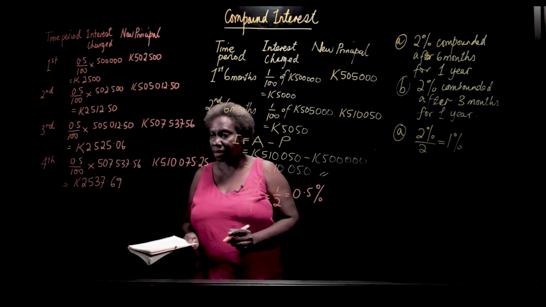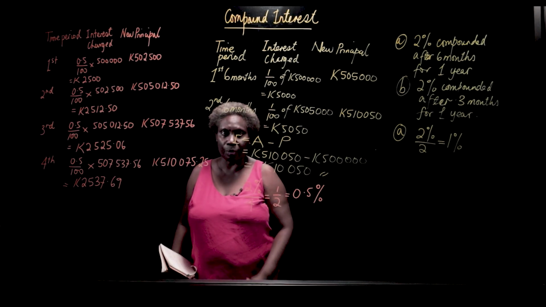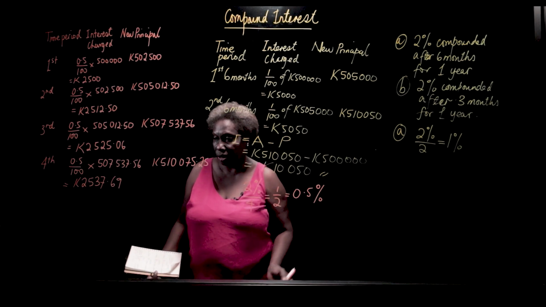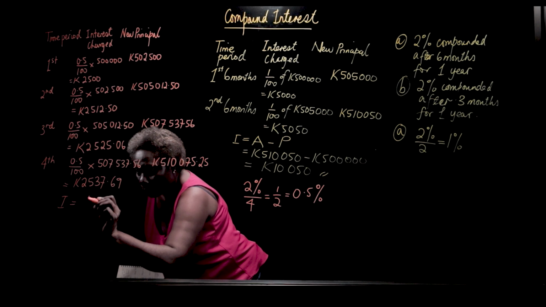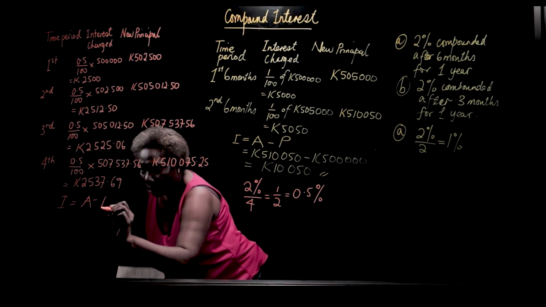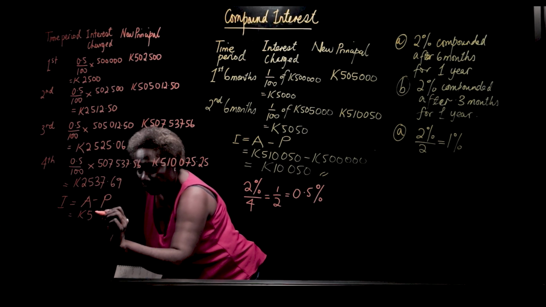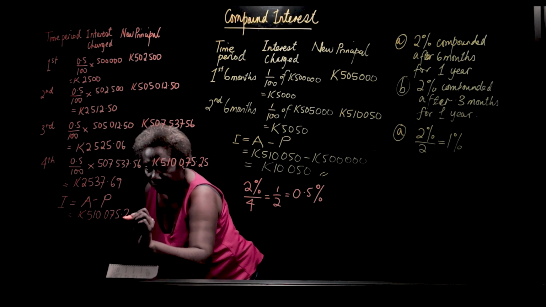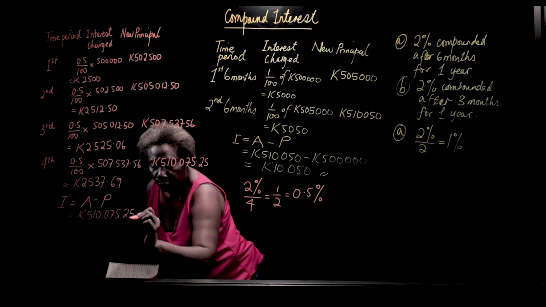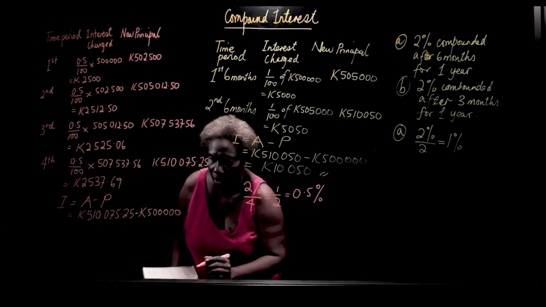Let's see what the interest is going to be, because this is only the accumulated amount at the end of the fourth quarter. So our interest is equal to A minus P, the principal, which is 510,075 kina 25 toya minus 500,000 kina.